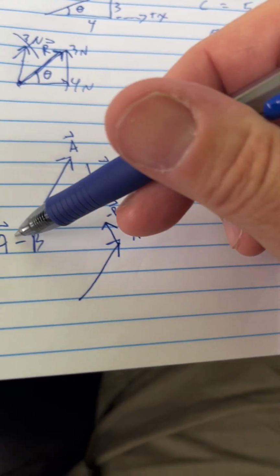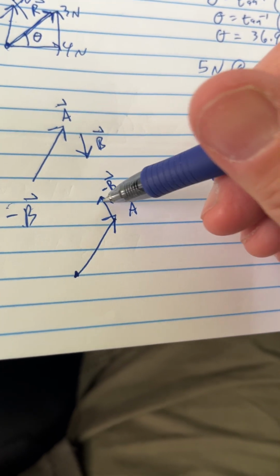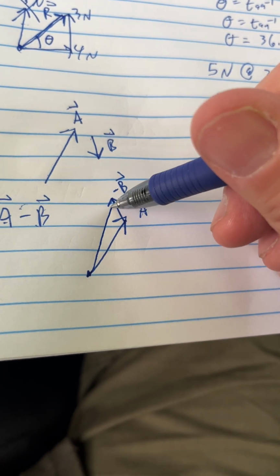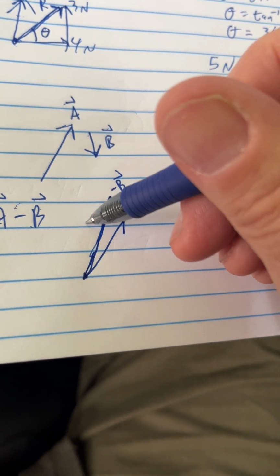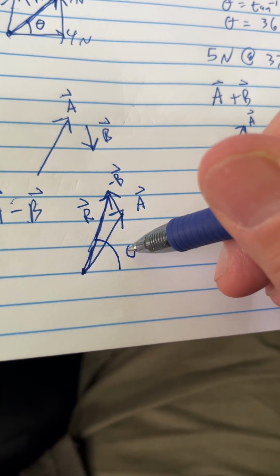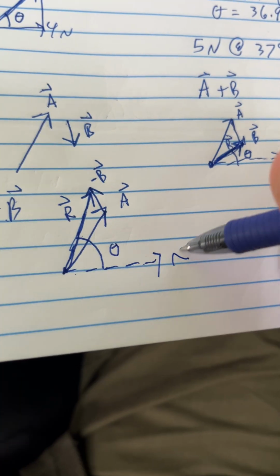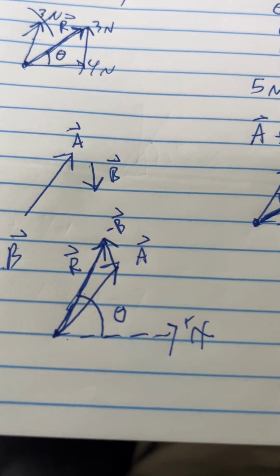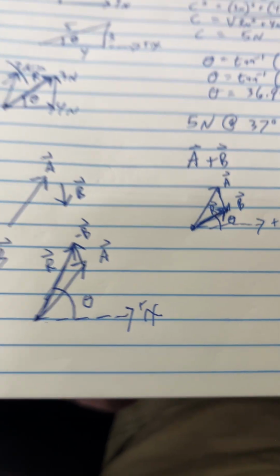So now A minus B, start with A, end with B. So I'm going to start down here. I'm going to come all the way up to the tip here. And this is now my resultant. Label that R. And then I'm going to measure that standard angle. So I'm going to drop in that Cartesian coordinate system and measure that angle up from the positive x-axis.